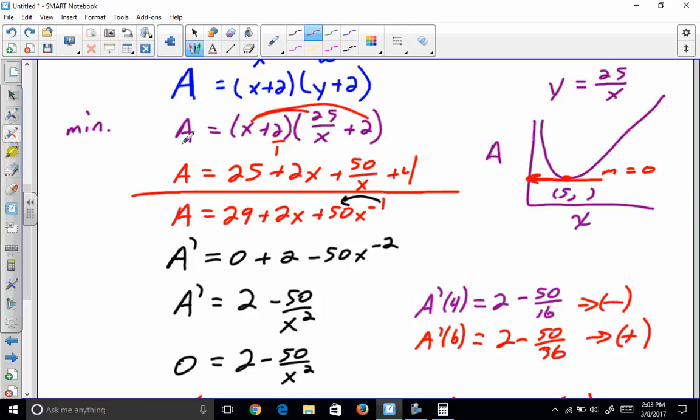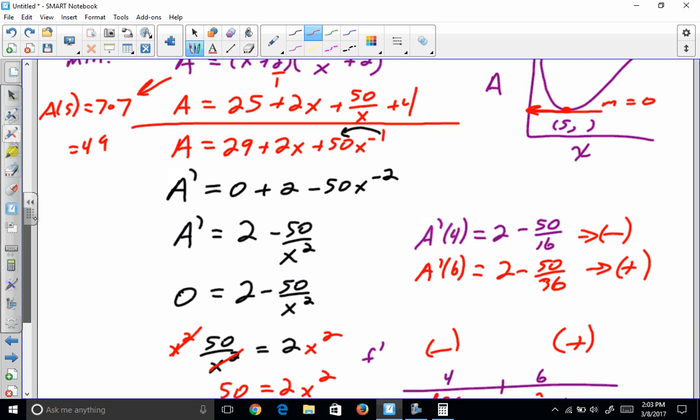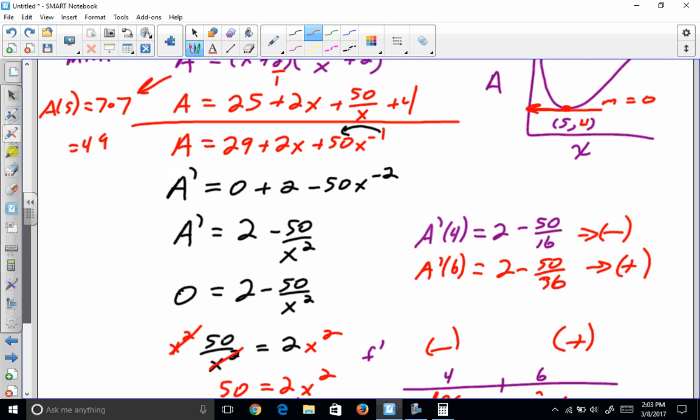Let's go here. The area is 5 plus 2, 25 over 5 is 5, plus 2. So the area when x is 5 is 49. So the smallest area, the lowest value we get for area, is 49.